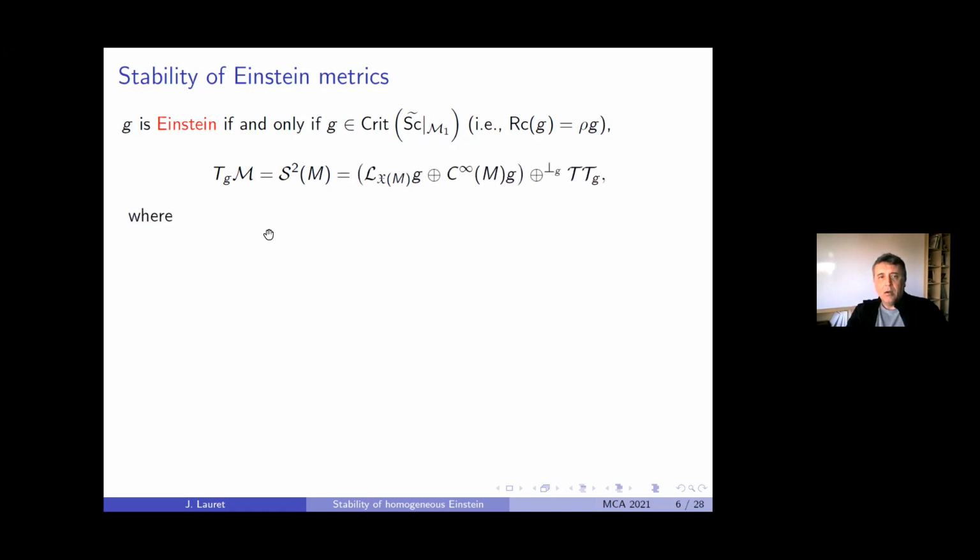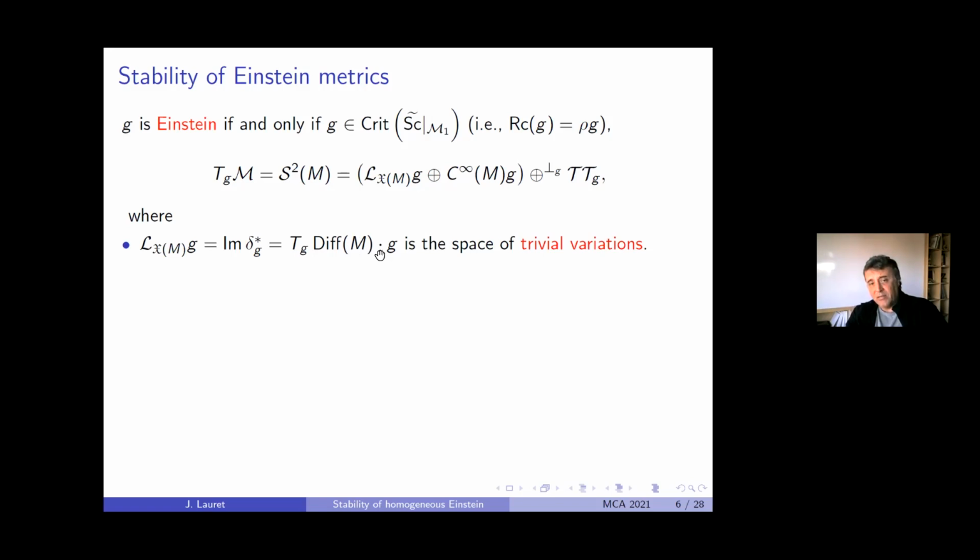Okay, then you take the tangent space of this space of metrics, remember that this is open here, so the tangent space is this vector space, and it turns out that the space decomposes in this way, where this first summand consists of what are called the trivial variations, because it's the tangent space of all the metrics which are isometric to g.